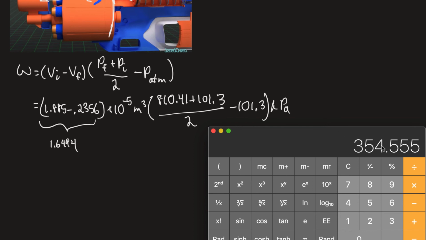We get that 354, and we need to multiply that by 1.6494 to give us 584.8.